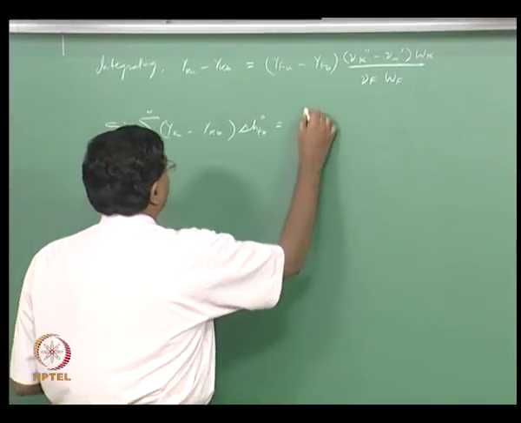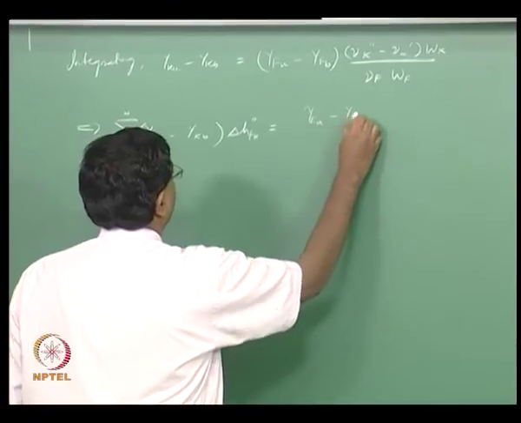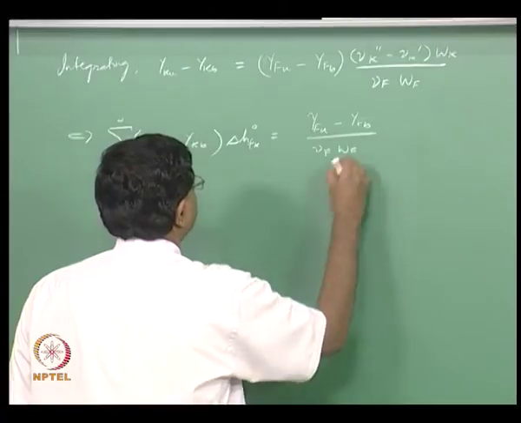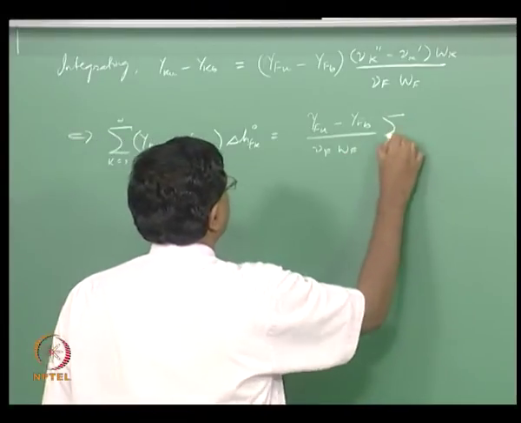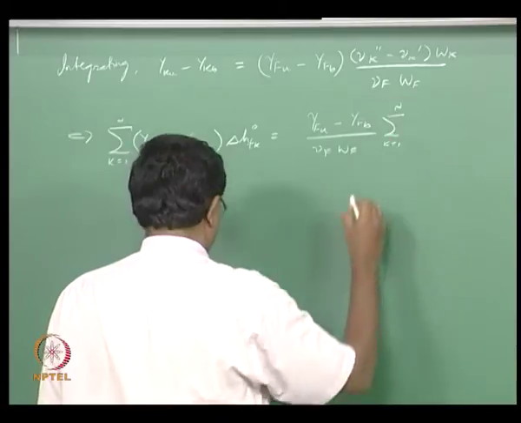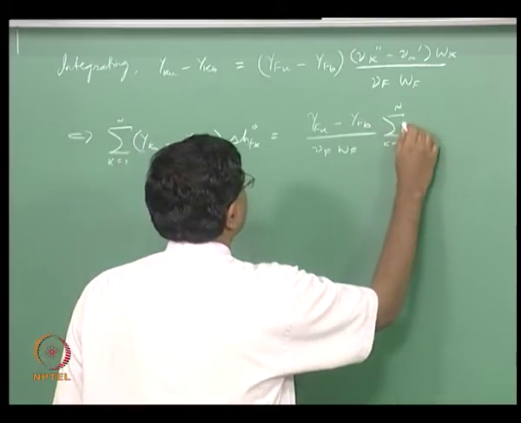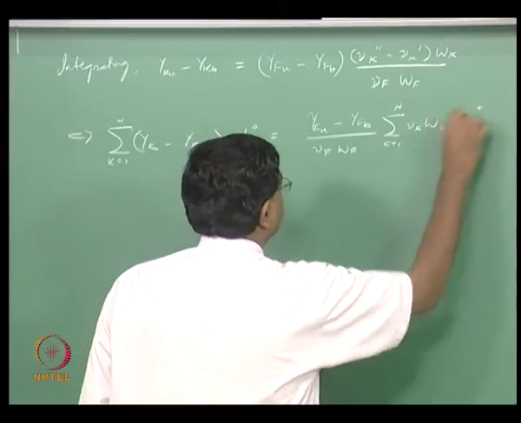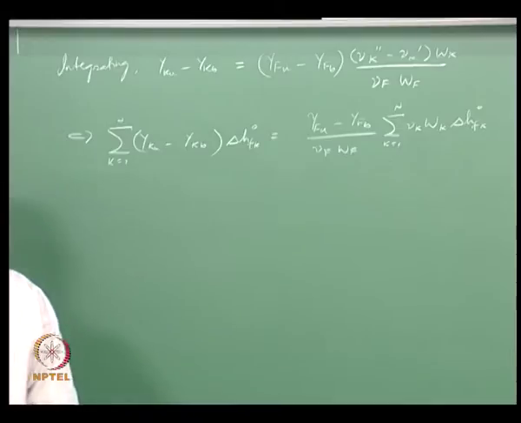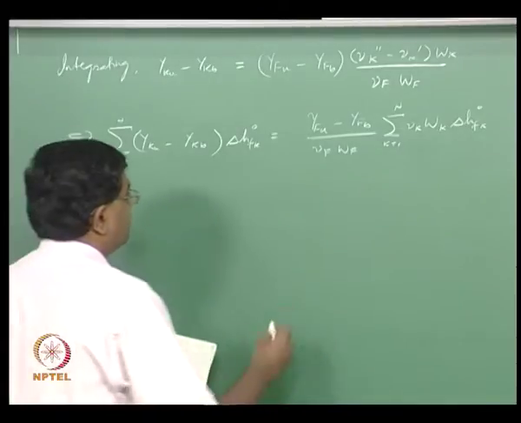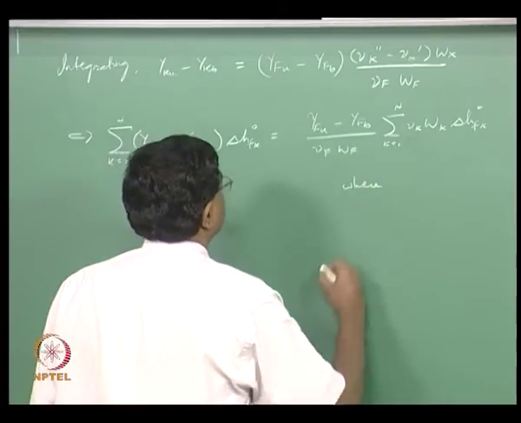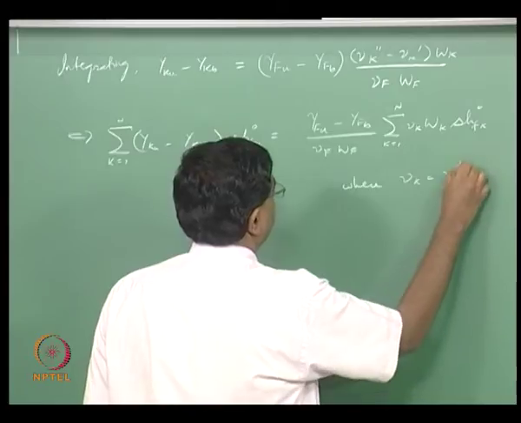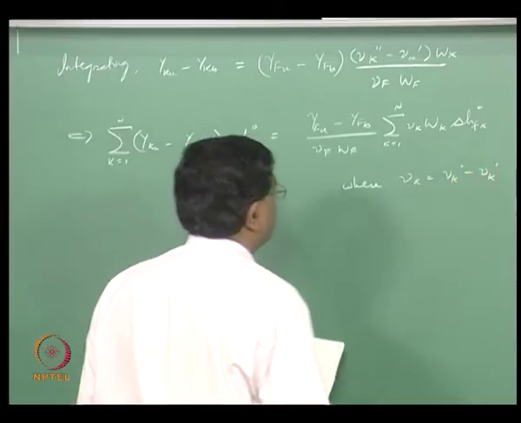Therefore (Yfu minus Yfb) divided by nu f Wf times sigma k equals 1 to n nu k Wk delta Hk naught, where we now use the symbol, since it's going to get a little bit bigger, so we try to compress it by saying nu k is nu k double prime minus nu k single prime.